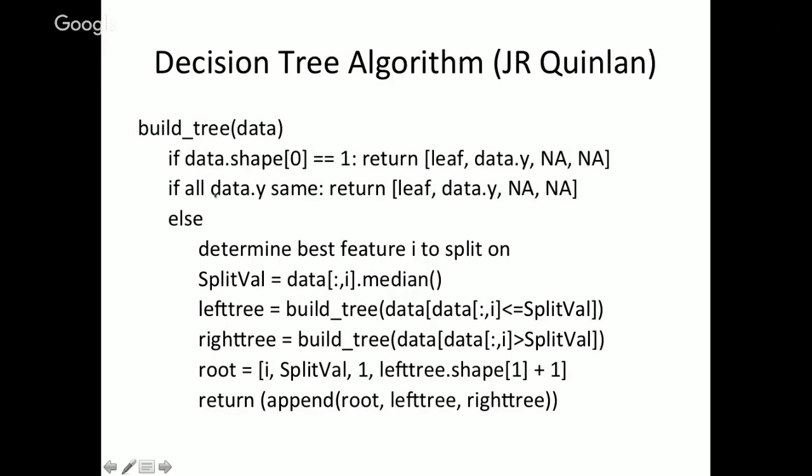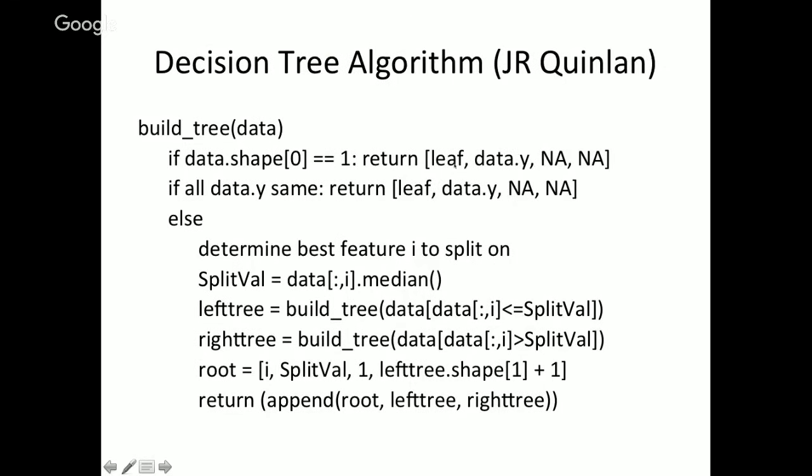We take that data in, and if the number of rows, in other words shape of 0, is one, that means we're being given essentially one sample of data. If we're asked to build a tree out of one sample of data, the answer is it's a leaf, and the value of that leaf is the Y value of that data.